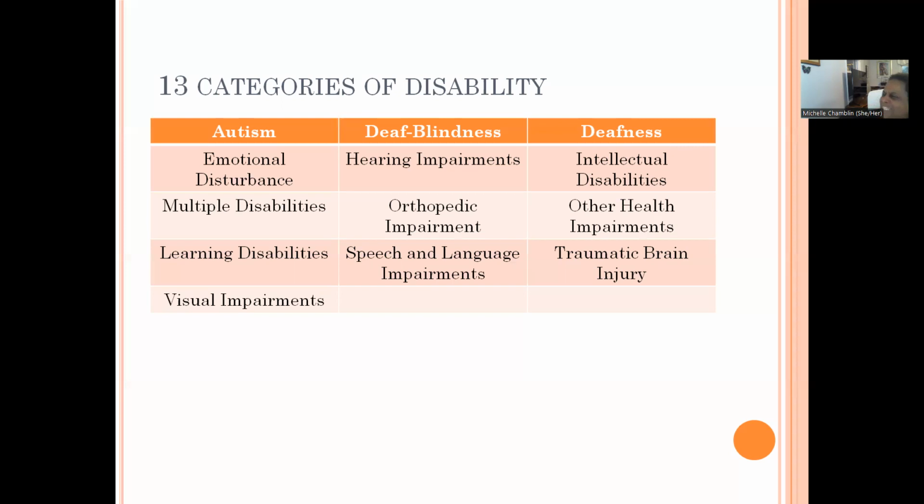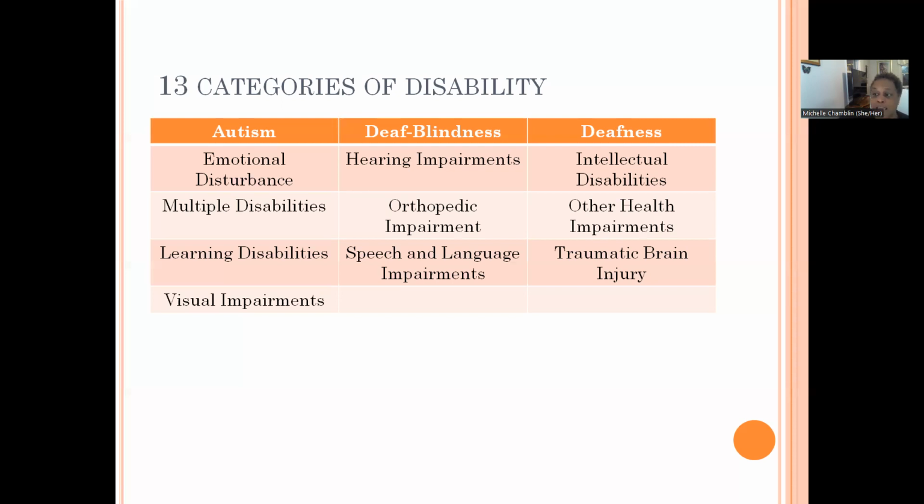So let's test you and see how much you know, because you probably said, oh, I already know all of this. Okay, so you know all of this? Write down 1 to 13 on a piece of paper. I'm going to read the definition, and then you are going to write the disability category.